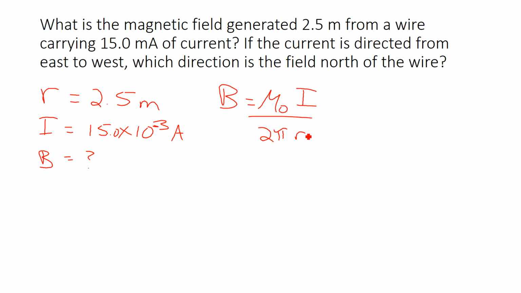It's just 2 pi r, yeah. 15 times 10 to the negative 3 is just 0.015.